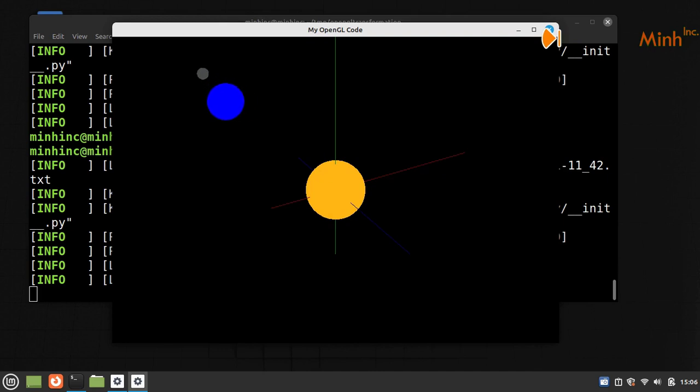Okay, so x, y, and z axis are visible, and Earth is moving in the x z plane around the y axis, whereas Moon is moving around Earth, and it is moving orthogonal to the way Earth is moving. Okay, so this is the reality, this is the way Moon moves. So Moon is orthogonal.